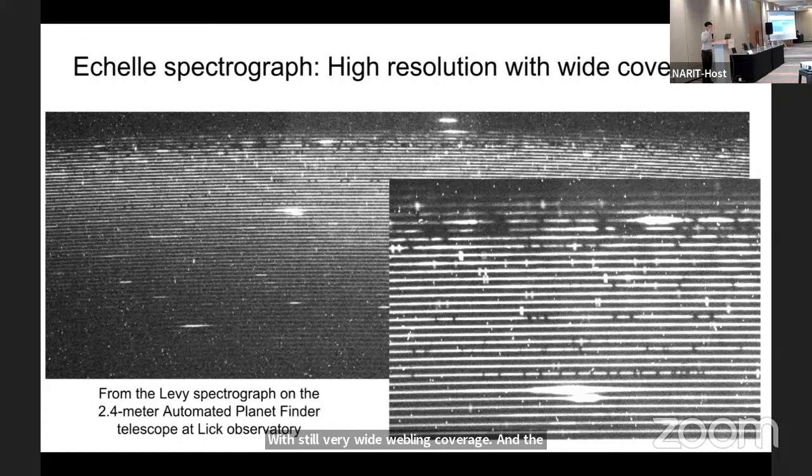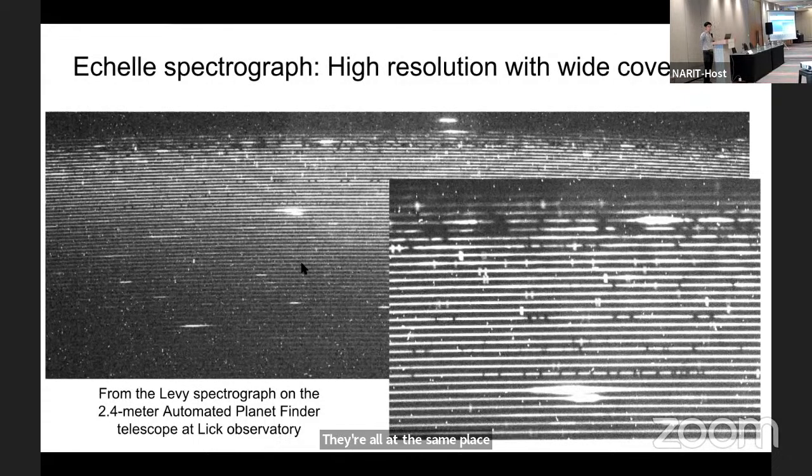And the way it works is that all these different horizontal lines that you see are all different orders of the grating. And usually these are very high order, so something like 65, 66, 67, 68, and these can have like 20 or 30 orders. And you can see that in the spectral direction, they're all overlapping, right? They're all at the same place.